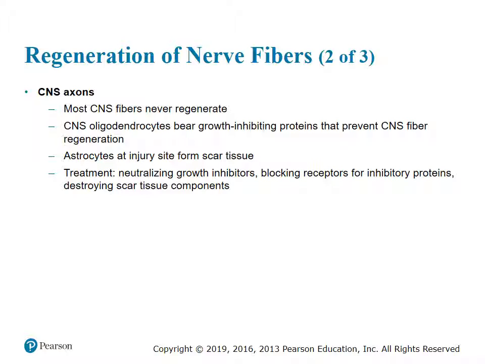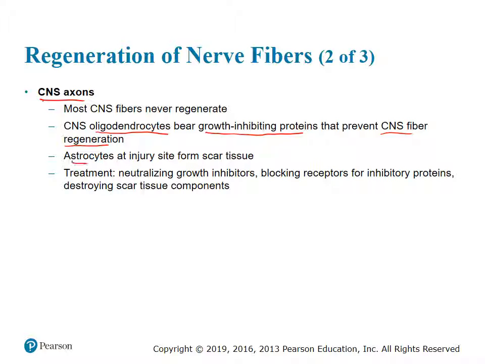So why doesn't this happen in the CNS? Well, it has to do with the oligodendrocytes. The oligodendrocytes actually have this protein that they secrete that prevents this regeneration.